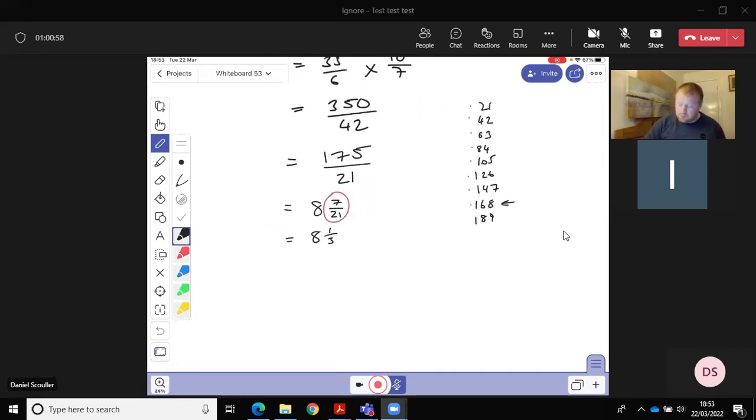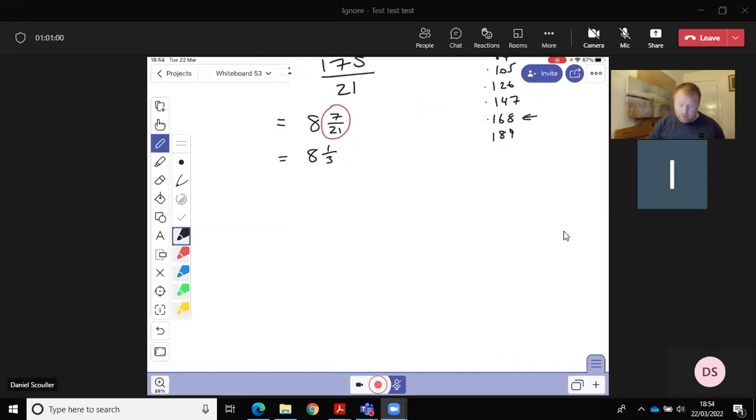Very quickly, the divide. 3 5/9 divided by 2 2/3. Same first step. So 27 plus 5 is 32 over 9, divided by, so that's 6, so 8 over 3.